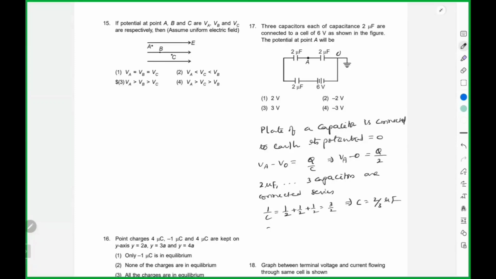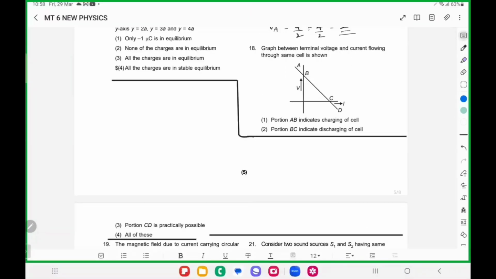So the charge is 2 by 3 into voltage 6 volts, which is 4 microcoulombs. Then VA: in series, the same charge flows across each and every capacitor, so that is 4 by 2. We get 2 volts.